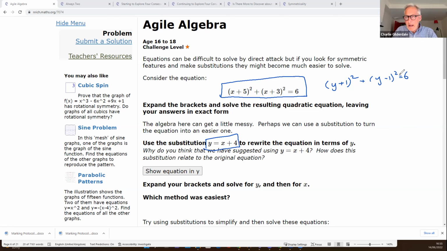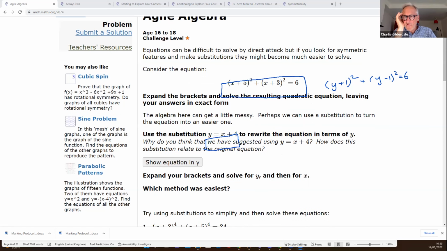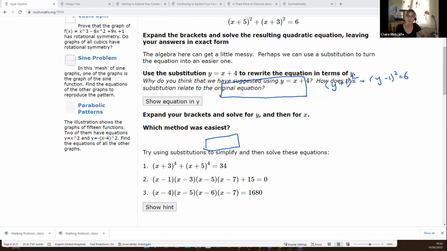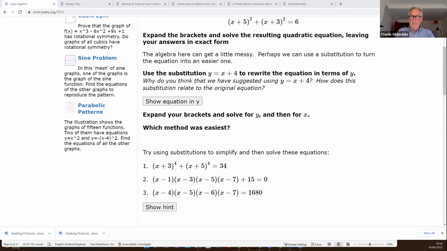Have we lost you, Claire? I think we go back at the end and get your solutions in terms of x. Claire, I think we might have lost you for a few seconds. Okay. Oh yes, it just said my internet connection is unstable. Can you hear me now? Yes. I think we might have lost Claire again.